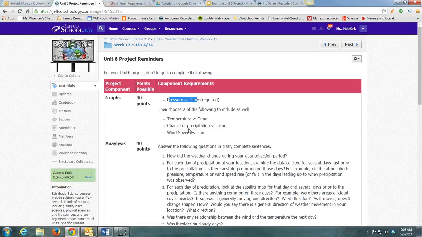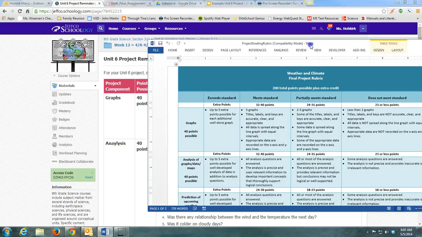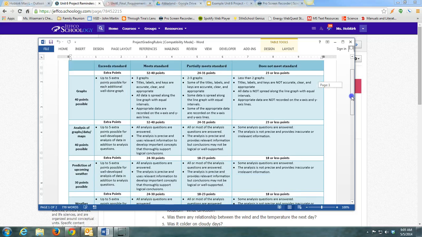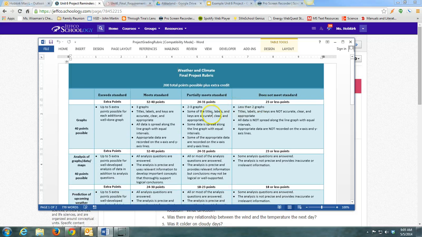Okay, so what I'm going to do here, I'm going to attach this file to your message that I attached this video to, or to the email. I use this file when I grade your paper, and I'll come down and say, okay, it says here graphs, 40 points possible.